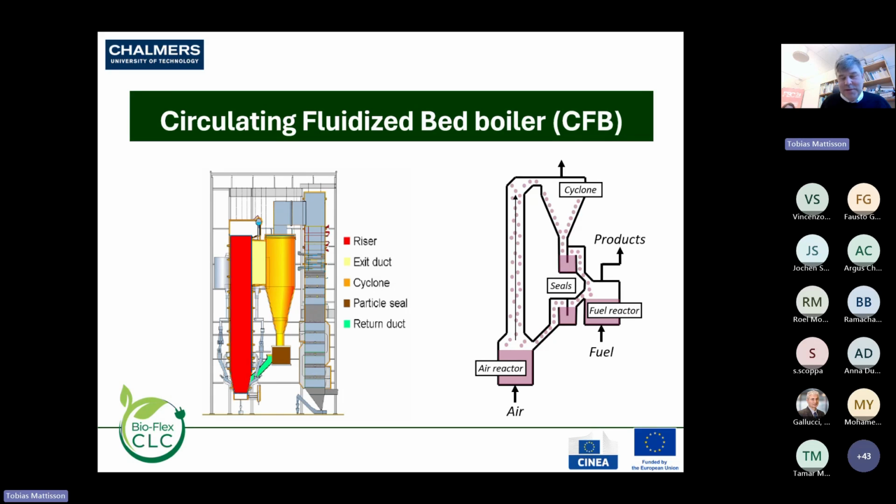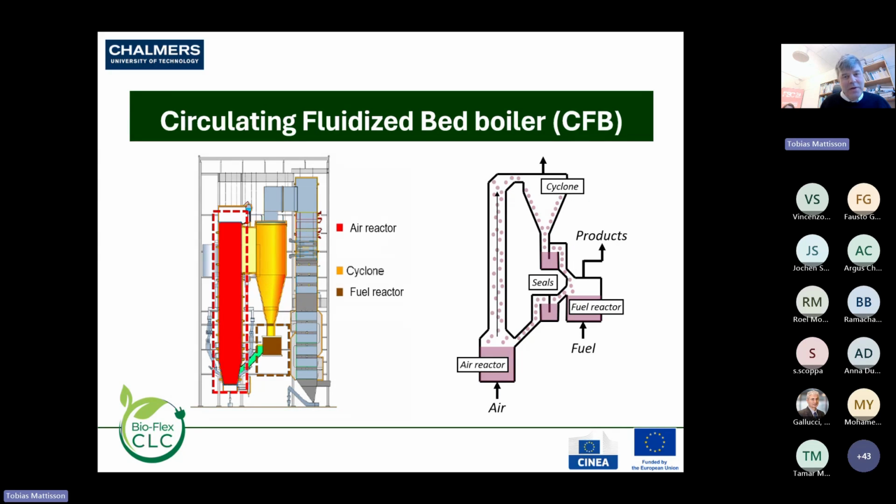Here on the right-hand side is the simple chemical looping concept, and on the left-hand side is a conventional circulating fluidized bed boiler with a riser, some external ducts, a particle lock, and then a return loop to the riser. In principle, the riser in the CFB would be the air reactor, and the particle lock would be the fuel reactor. So there are some very clear similarities.